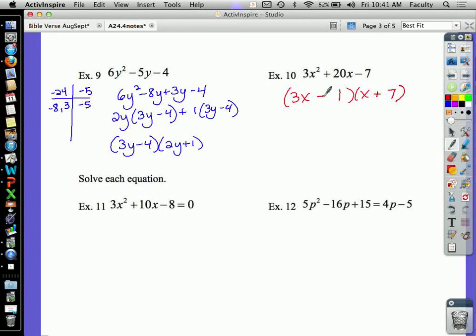All right, solving equations. We're going to write down some steps. Step 1, get everything on one side of the equation equal to 0. Step 2, factor completely.